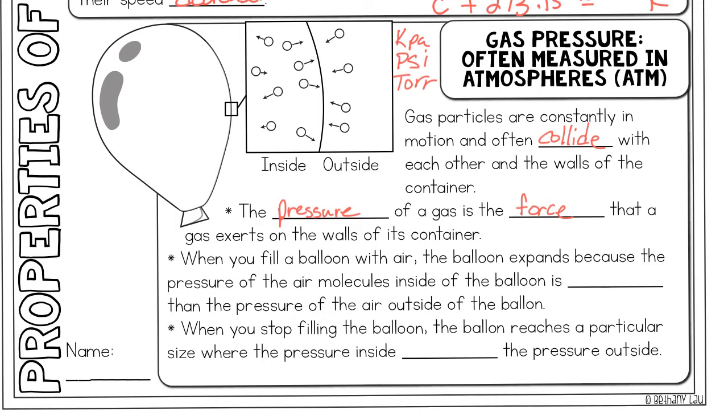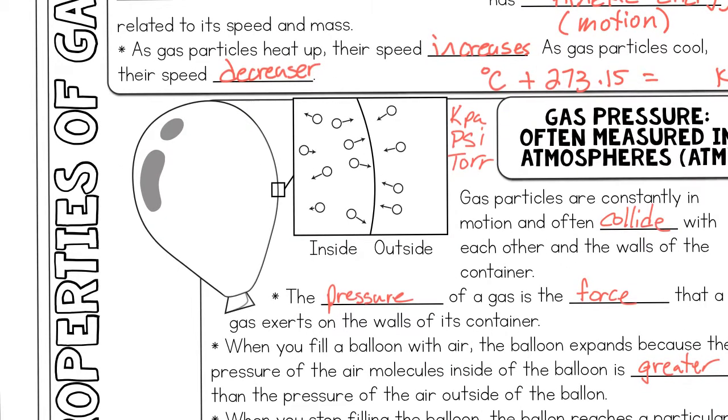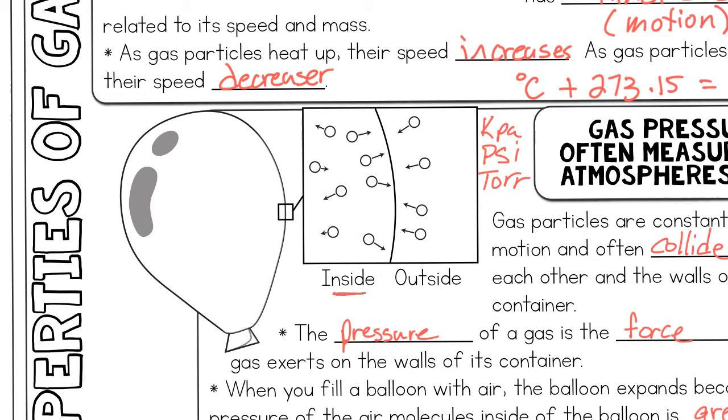When you fill a balloon with air, the balloon expands because the pressure of the air molecules inside the balloon is greater than the pressure of the air outside the balloon. When you stop filling, the balloon reaches a particular size where the pressure inside equals the pressure outside. So looking at our example here we have inside the balloon, and this is outside the balloon.